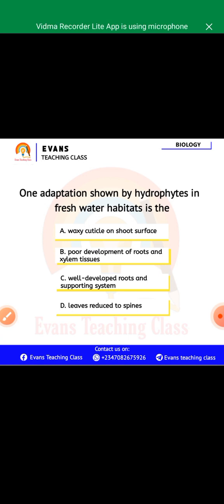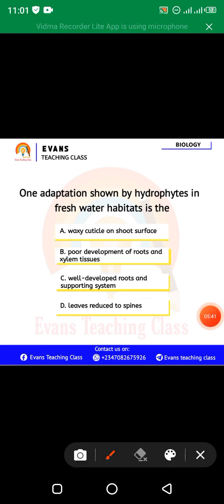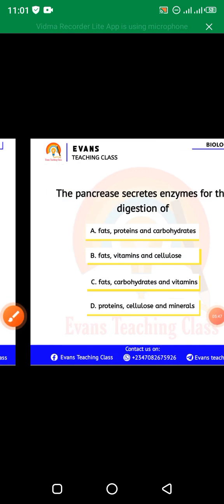If they are well developed, it is a problem for the plant. So our right answer here is poor development of roots and xylem tissues. Our right option is option B. So let's move to the next question.